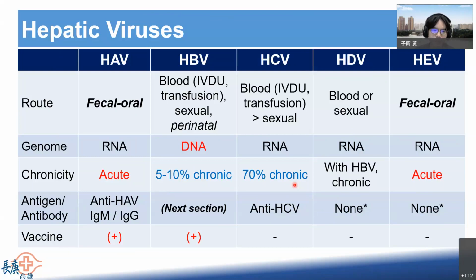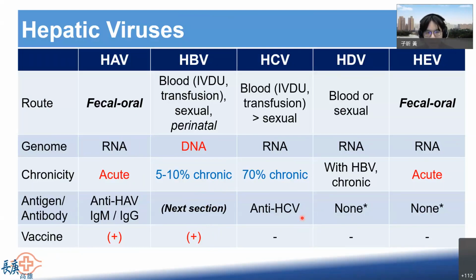And with the HBV virus, 90 to 95% of the patients exposed will recover spontaneously, and only 5 to 10% of these patients, once initially exposed to the HBV virus, will become chronic carriers.